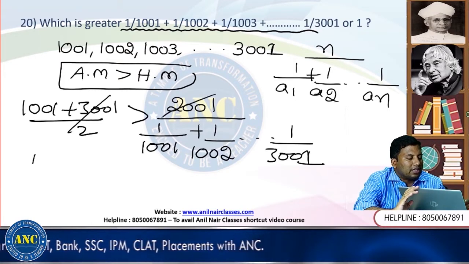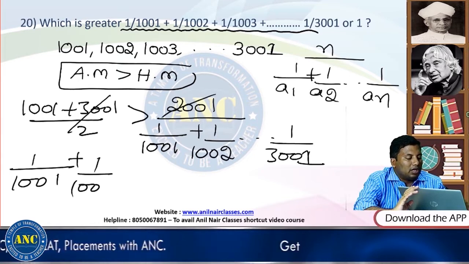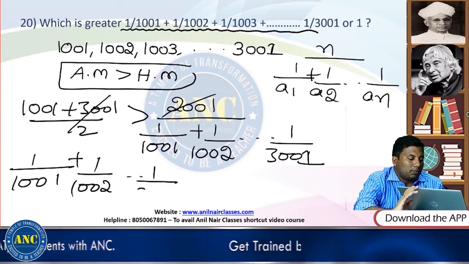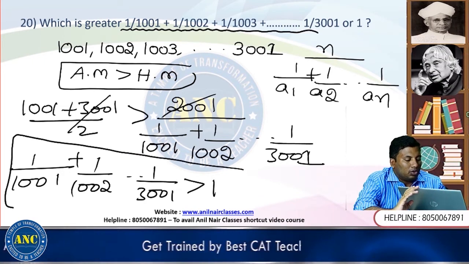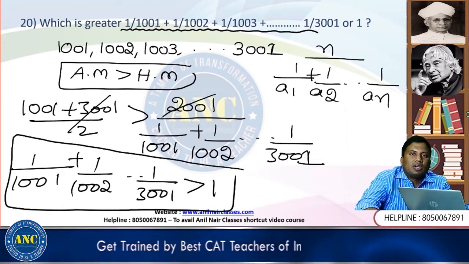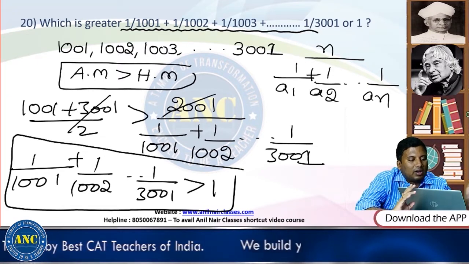This will get cancelled. So 1 by 1001 plus 1 by 1002 and so on up to 1 by 3001 is greater than 1. Beautiful question.